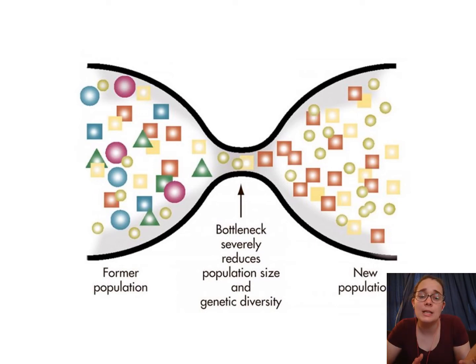Any one of those things can kill off a large population group, leaving you with this smaller subset of what was originally there. The genetic information that can be passed on is only from those that survive. So the new population doesn't have the same genetic variations and frequencies as the original population had. This is why the bottleneck is that extreme example of genetic drift and those genetic changes.